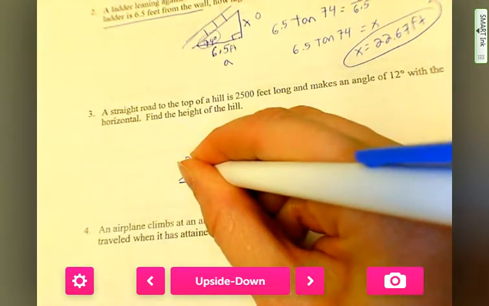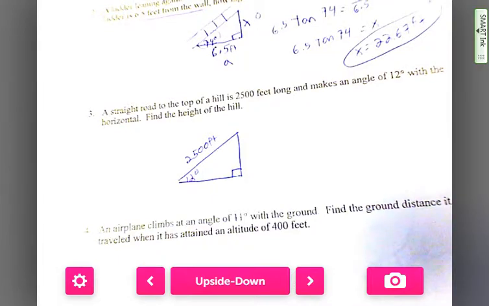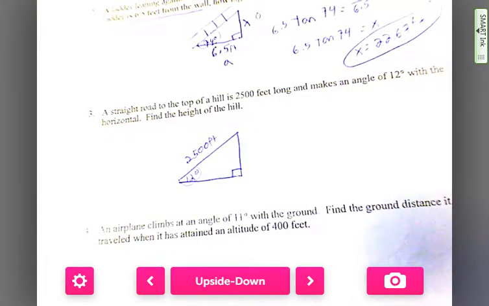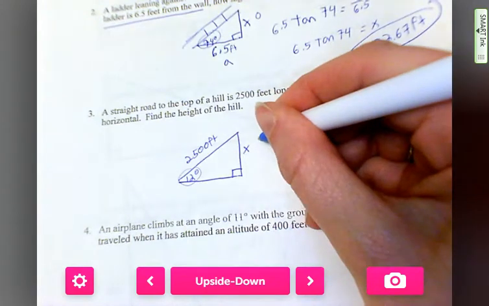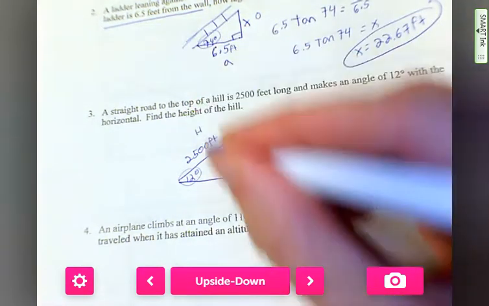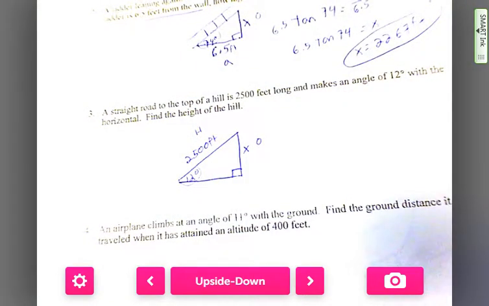Good. All right, now we've got to label this. Here's my angle. I want to find the height of the hill. Where does that go? On the side or on the bottom? Side. And this is my opposite. This is my hypotenuse. So I'm going to use which trig function? Okay.